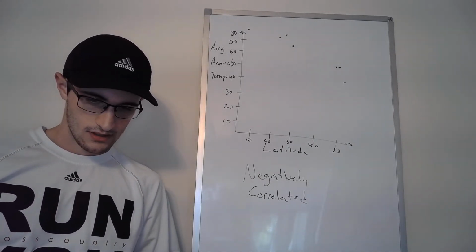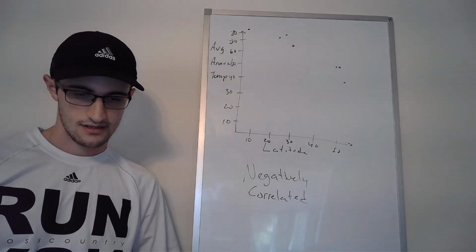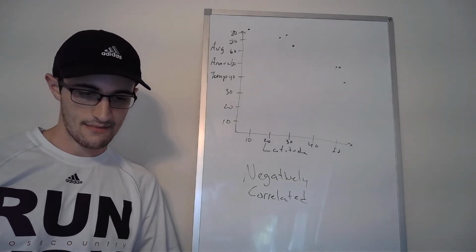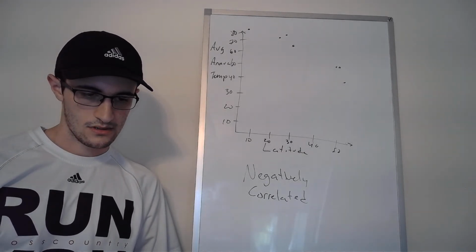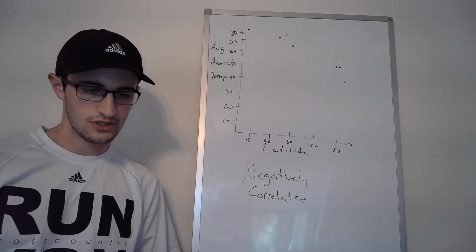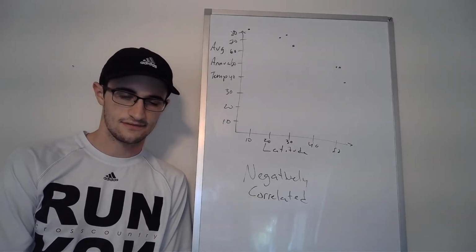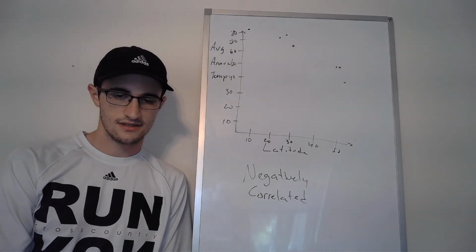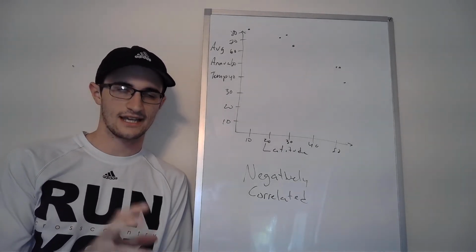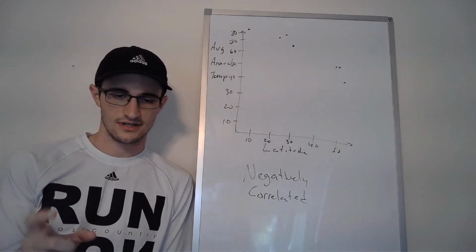Now, the next page looks a little more complicated, but it's not that bad. It's what's called the correlation coefficient of a linear fit. Now, what that means is, again, don't get bogged down with all the math words.